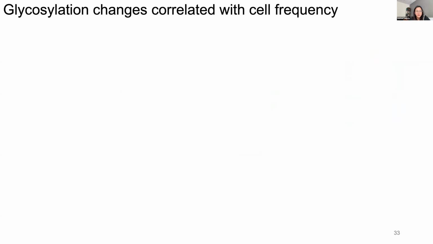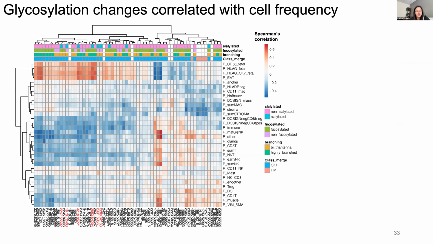To answer this question, we correlated the glycosylation data with cell frequency data that was obtained from MIBI-TOF. This is a Spearman correlation heat map between the cell frequency and glycan frequency across patient samples, where the rows are the cell populations and the columns are glycans that were annotated by their mass peaks.